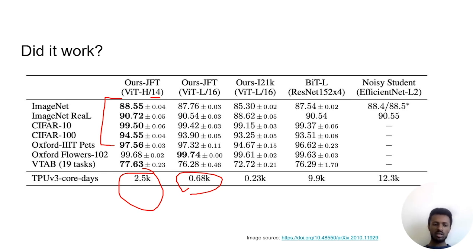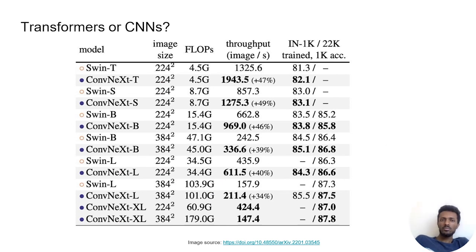So this slide shows how the transformer model performance compares to the CNN model. Swin transformer is a variant of vision transformer, and both of these have shown comparable performance in terms of accuracy and scalability.